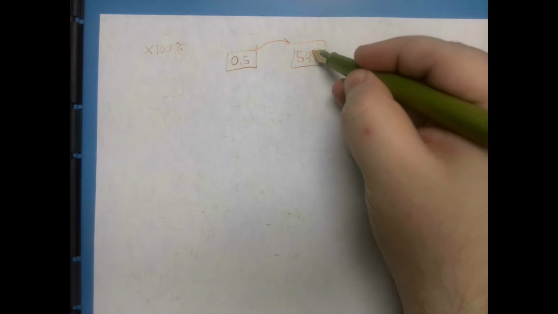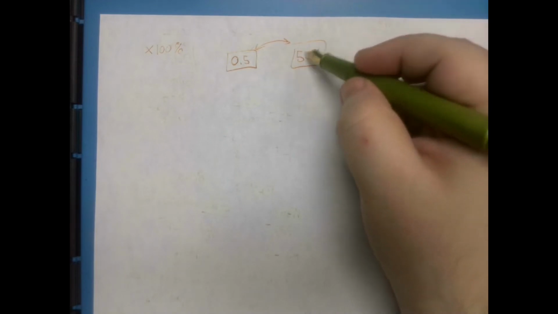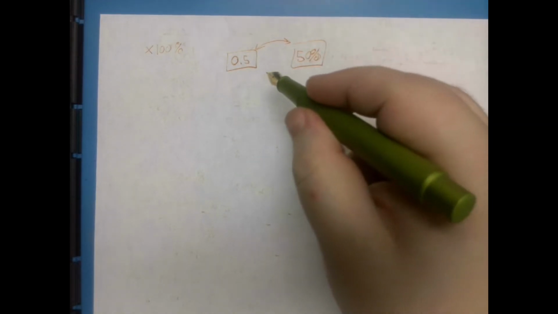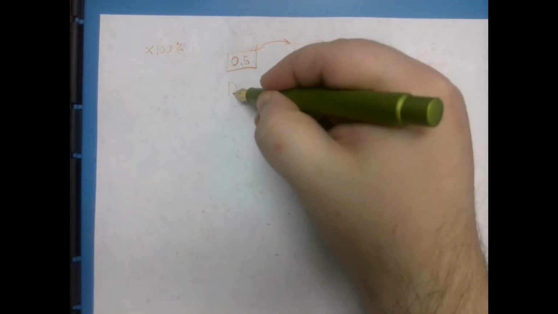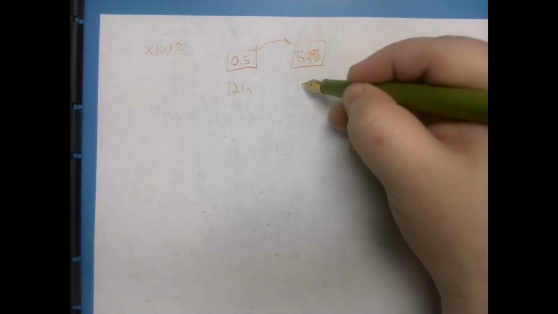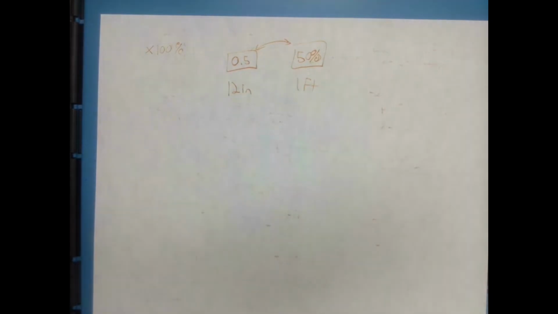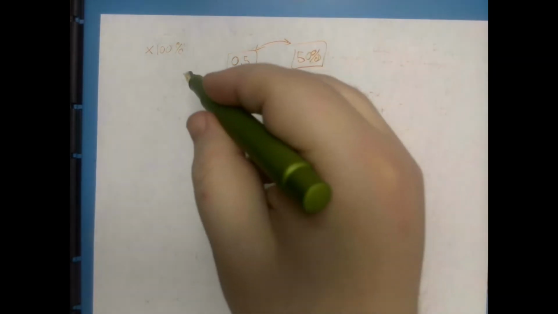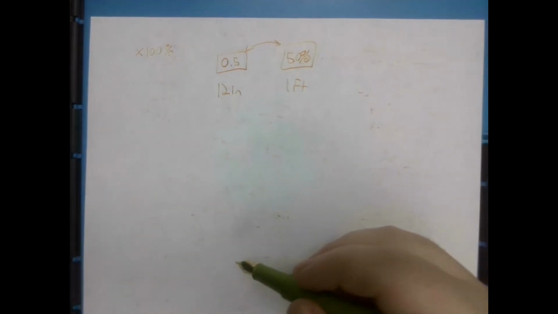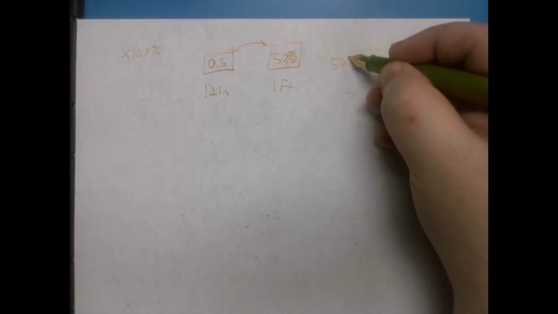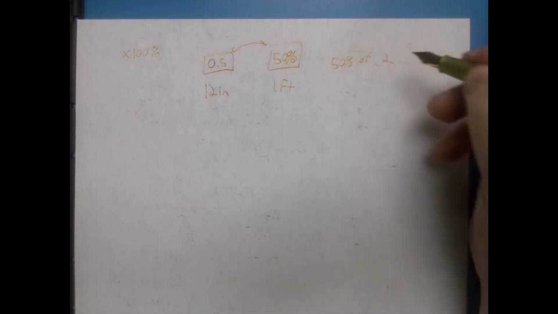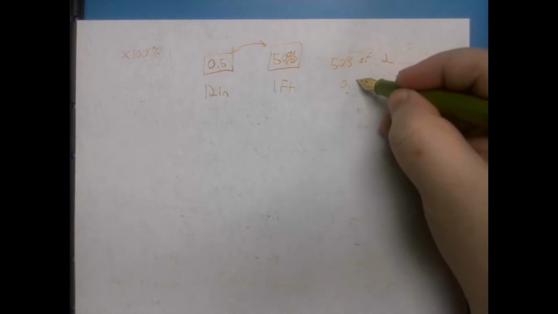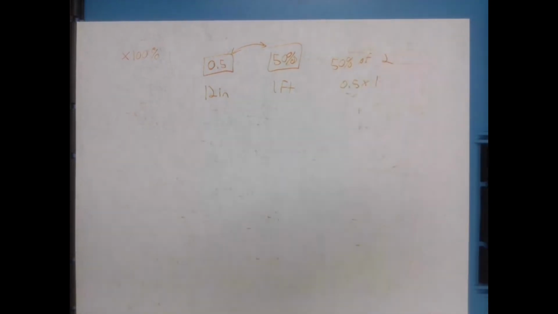This percent sign tells you what this is. It's like going from inches to feet. If I do 12 inches versus 1 foot, it's the same thing. These are equivalent. I don't mix them up, and I don't like the fact that it tells you to multiply by 100, because these two things are identical. If I ask you what is 50% of 2, what you're doing is multiplying it by 0.5.